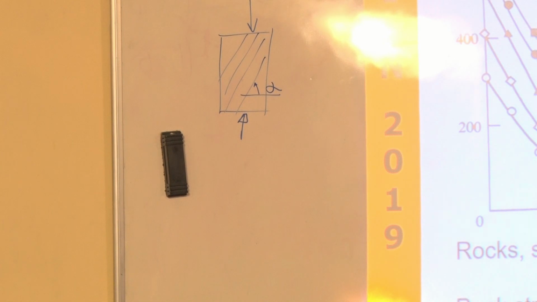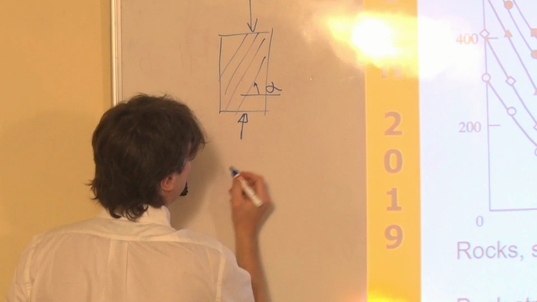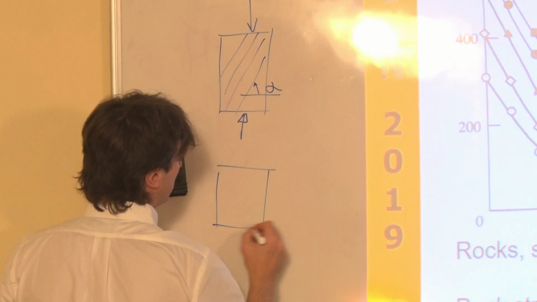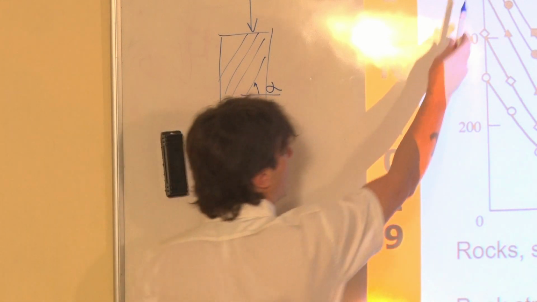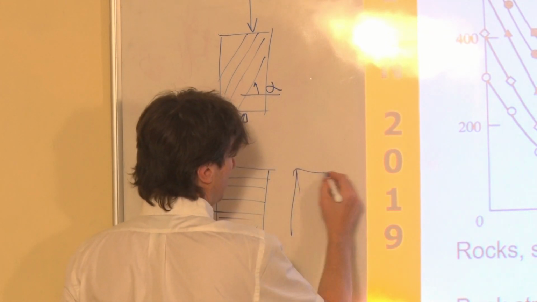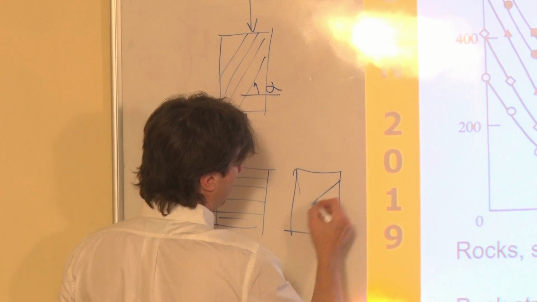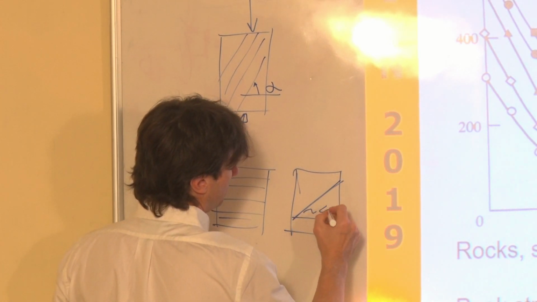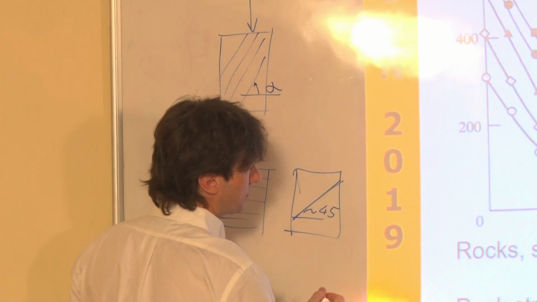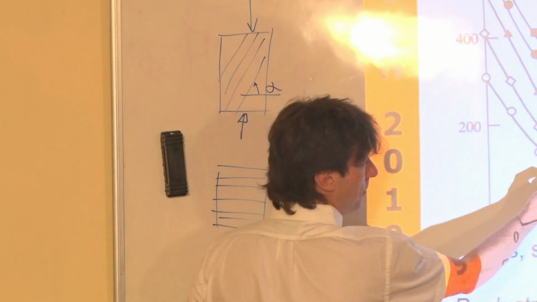Okay. So what this is saying is basically that when you test your rock at 0, you have a value. At 45, you have a minimum.